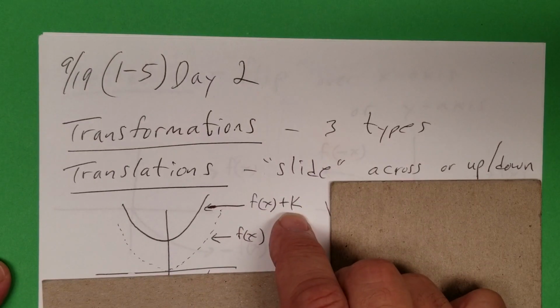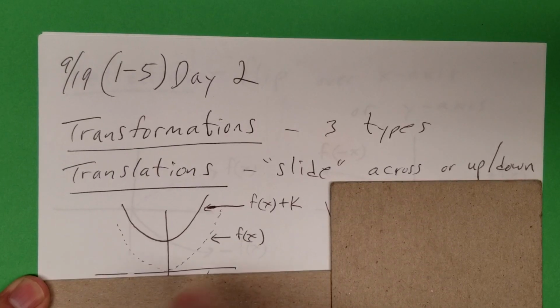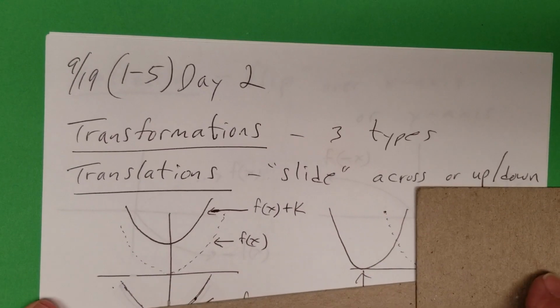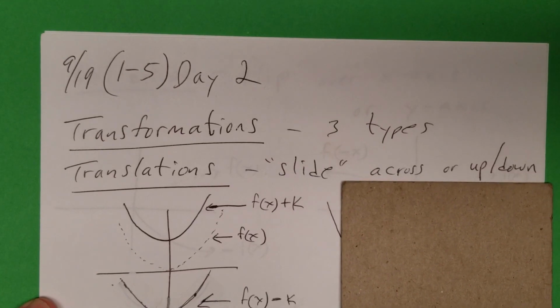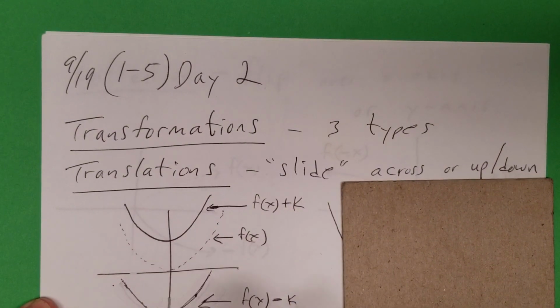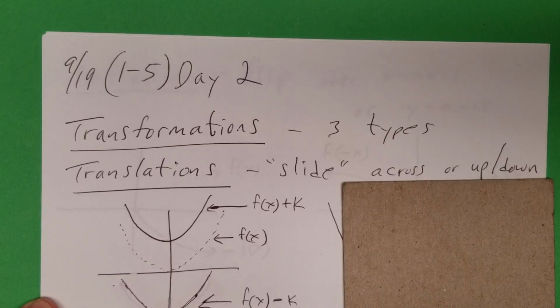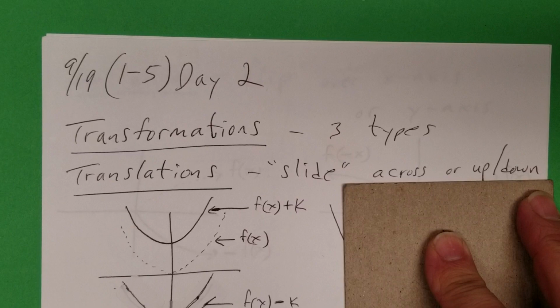What that would do is raise it, just slide it up. And if you take away a number, it would slide it down. How many? It depends on your number. If it's plus 2, you slide up 2. If it's minus 2, you slide down 2. So the slide, or the translation, is 1.